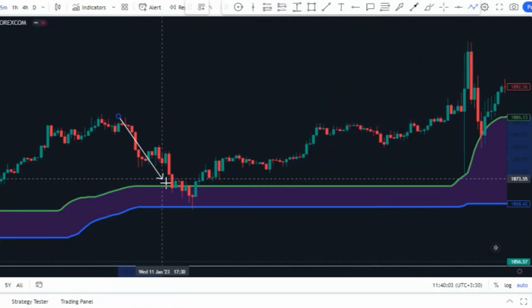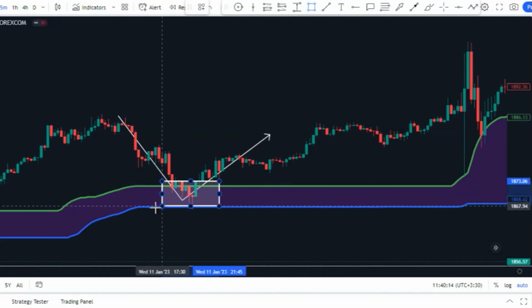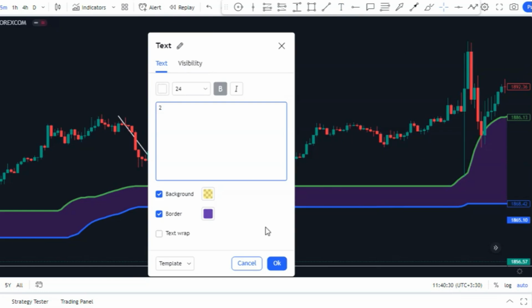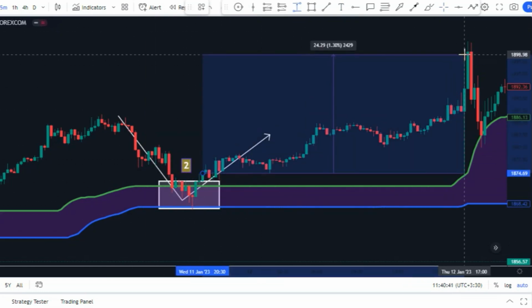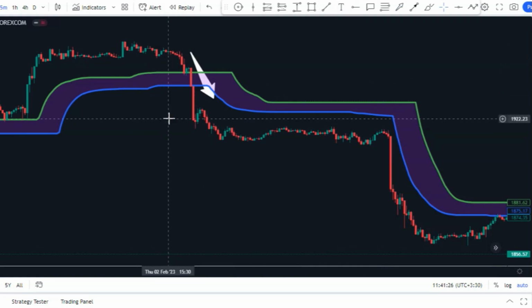In the second method, when the price hits the indicator line and is rejected from the area, we can enter the trade, exactly like this example. And exactly these two methods can be used to also enter sell trades.